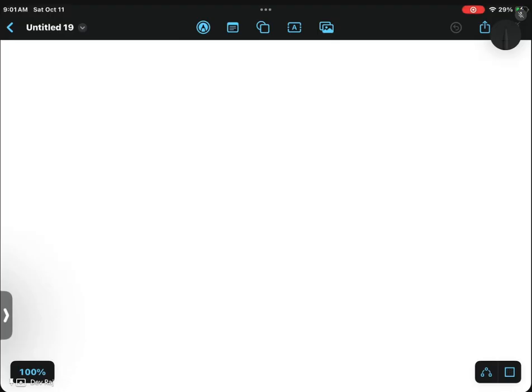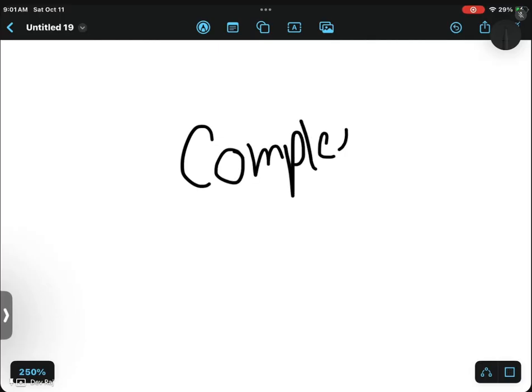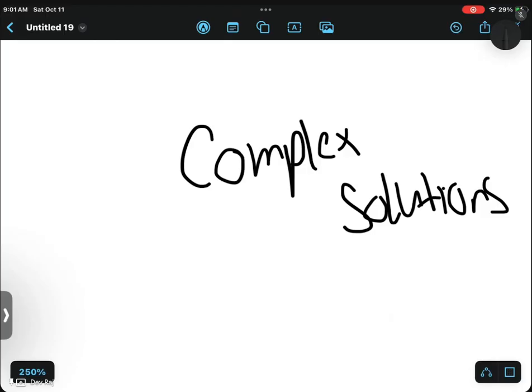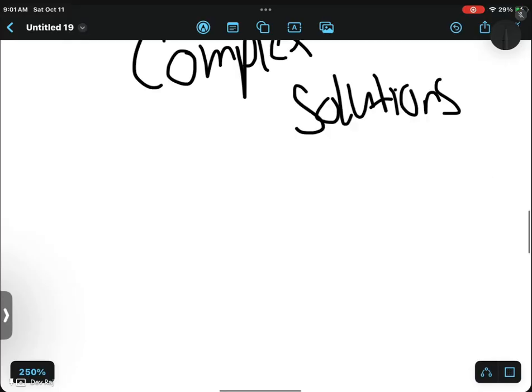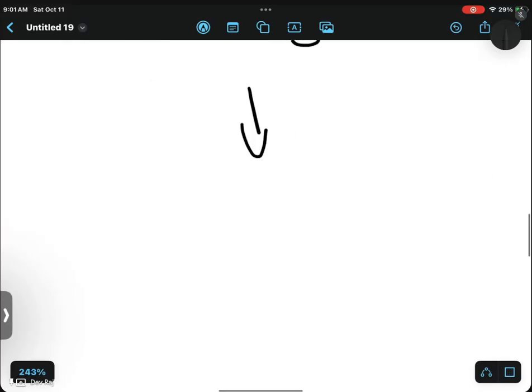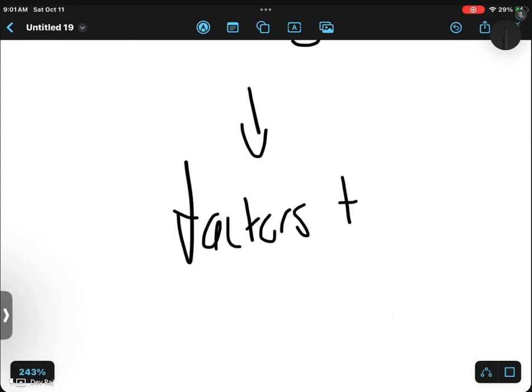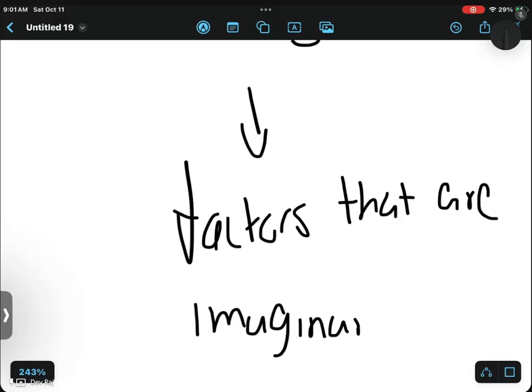So in this class we're going to be talking about complex solutions. Have you heard of that? Do you remember how we factored in the previous class? Complex solutions are basically factors that are imaginary, right?